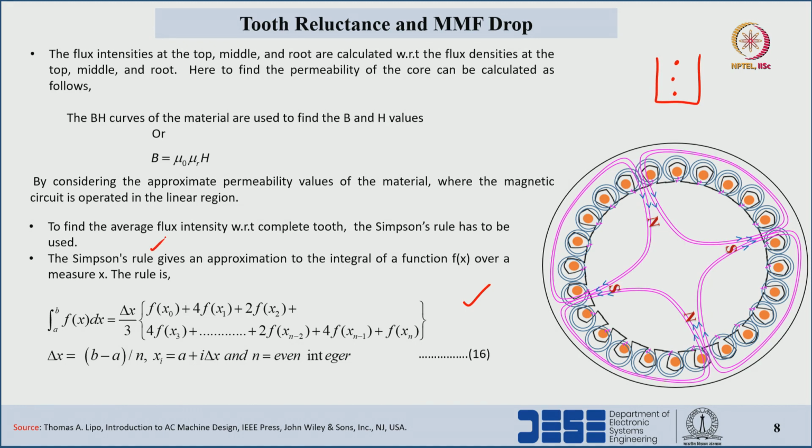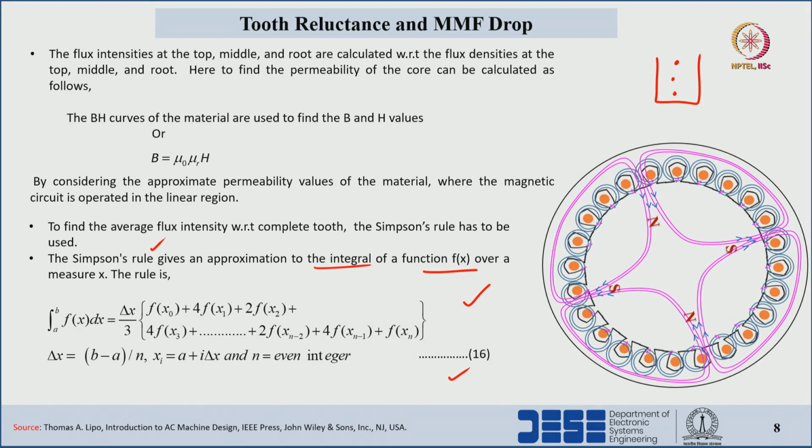The Simpson rule gives the approximation of the integral of a function f of x over the measure of x. The rule is this: the integral from a to b of f of x dx is equal to delta x by 3 into f of x naught plus 4 into f of x1 plus 2 into f of x2 plus, and so on.